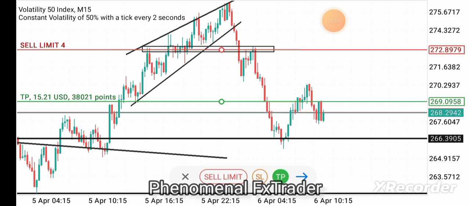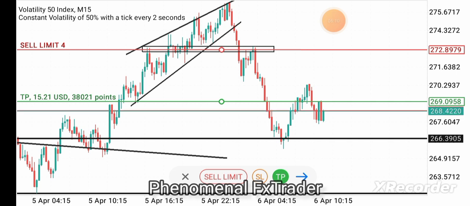But the only thing you won't like about boom and crash is that it requires a large margin. You can't trade boom and crash with a very small amount. If you want to trade Crash 300, the minimum lot size is 0.5 and it requires a margin of about $15.